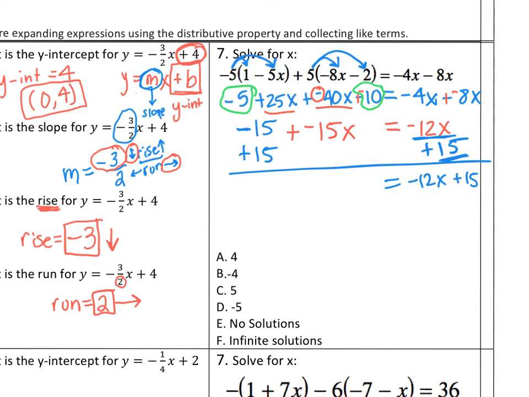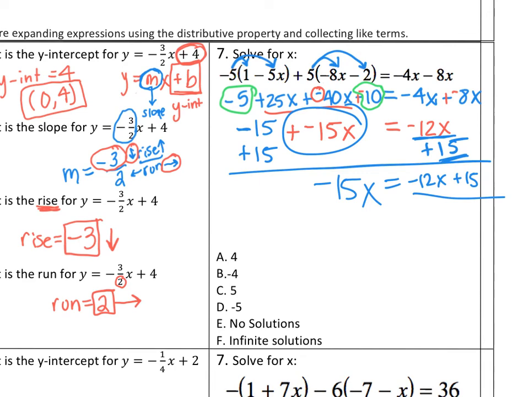And on the left-hand side, I said the left-hand side for this side, but that's the right side. The left-hand side, I'm left with -15x. Now, I want to get all of my x's on one side of the equation and all of my constants on the other side of the equation.